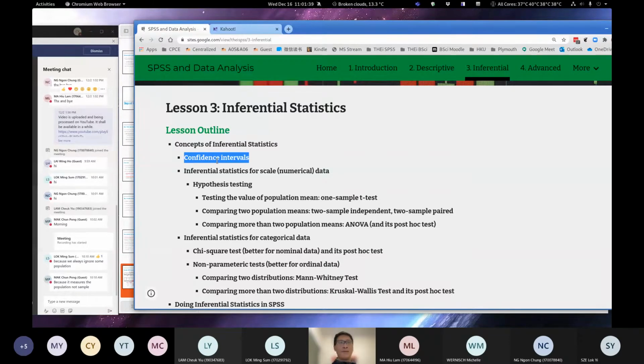Sometimes you want to ask, okay, I don't know what number I want to confirm. I just want to know what the mean value is. In that case, I am not asking a yes/no question. I am just asking what is the population mean.